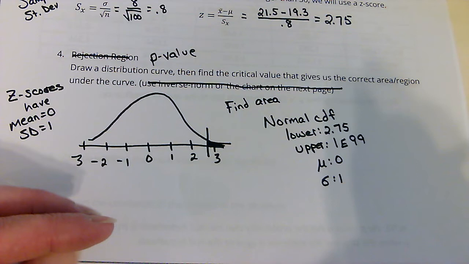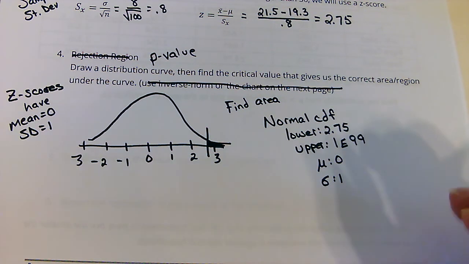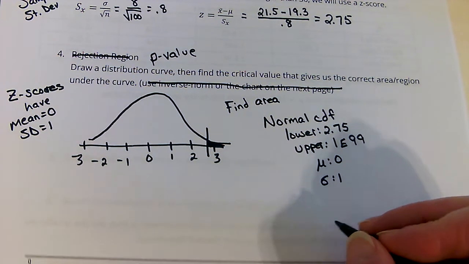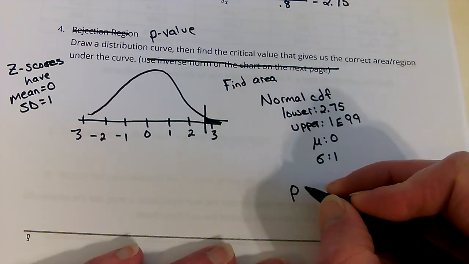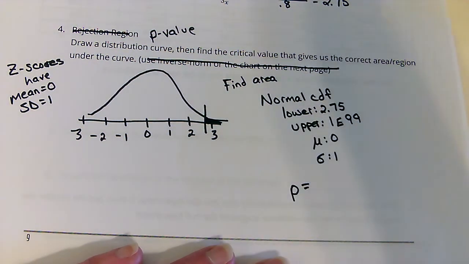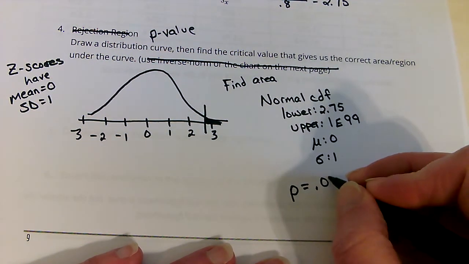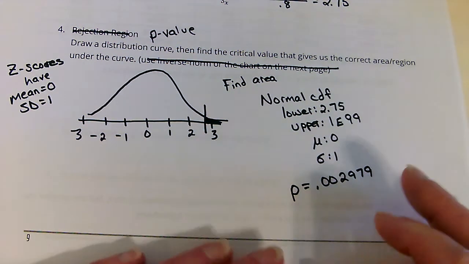The rejection region method would be a little bit different, and I'll show the rejection method on another problem. So when I do this, I'm going to get a value. This is the area right there, and it is 0.002979.